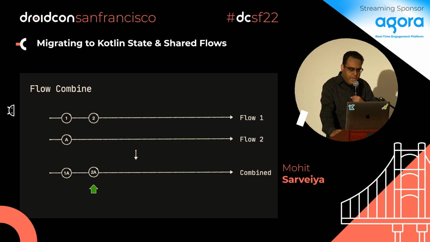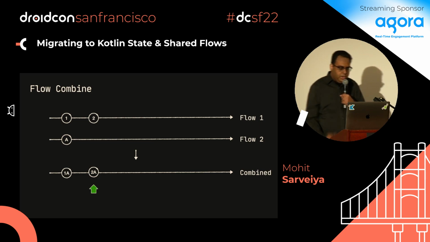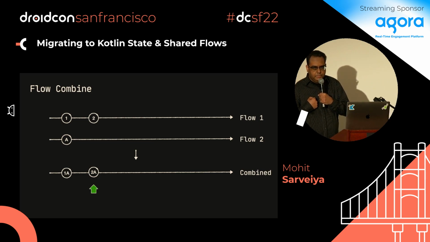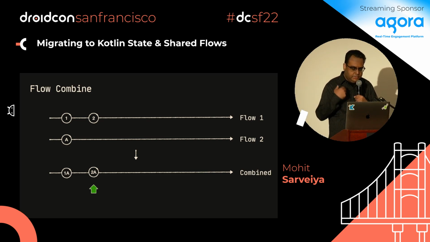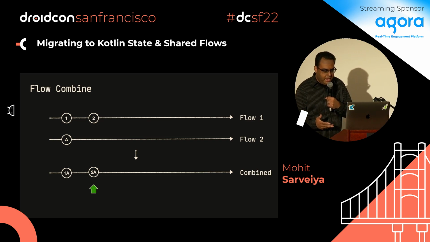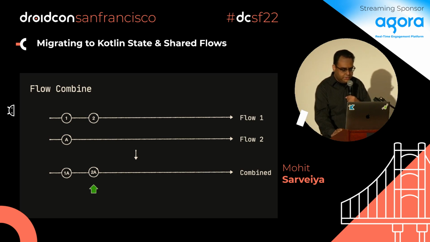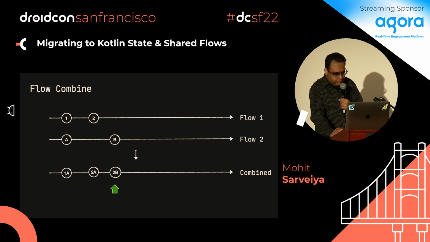But you could also have an instance where one of the flows emitted something, but the other one didn't. And if that happens, it's going to take the previous emission and give you that back. So then you could define a logic, and you'll get 2A back. Similarly, for this, you get 2B back. So that's how flow combine works.